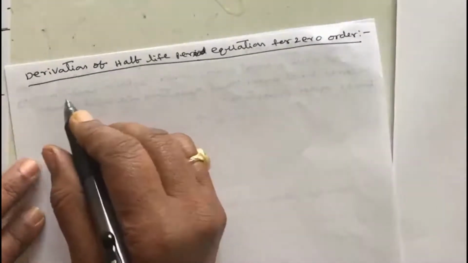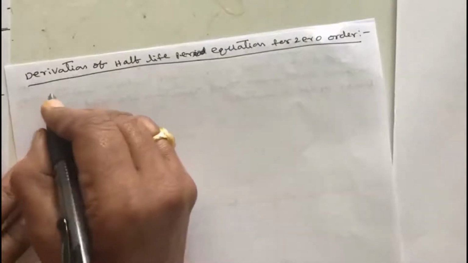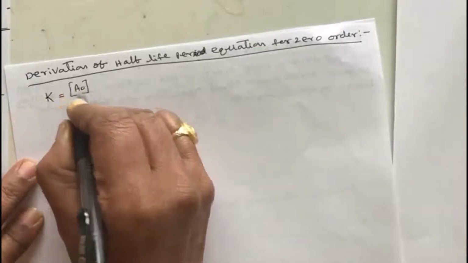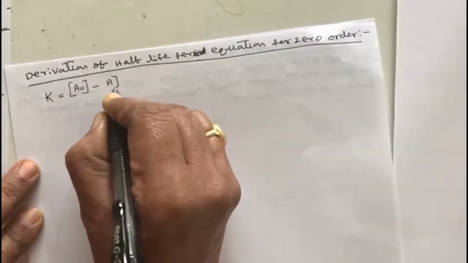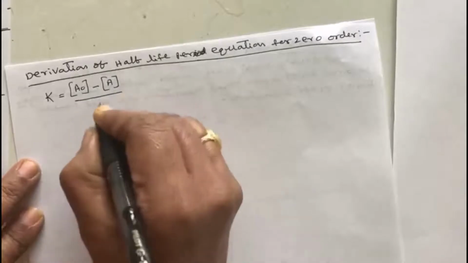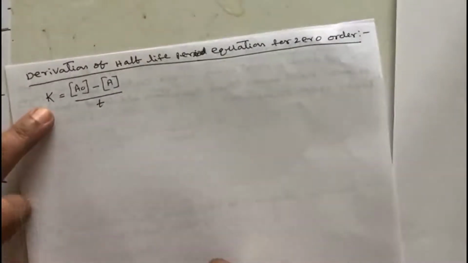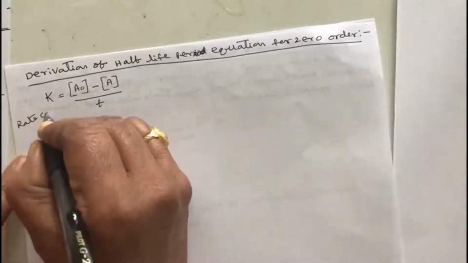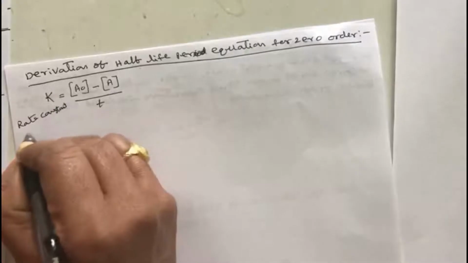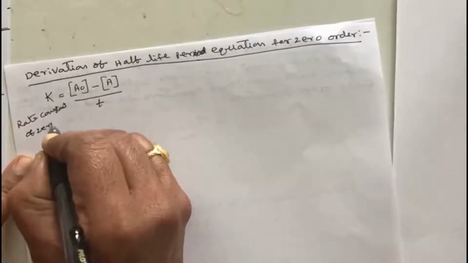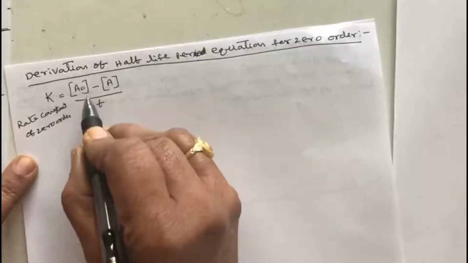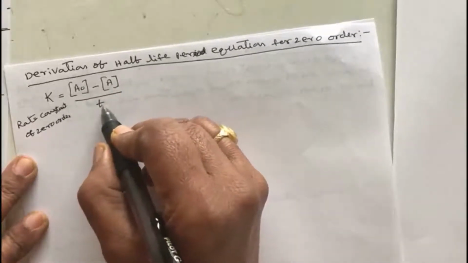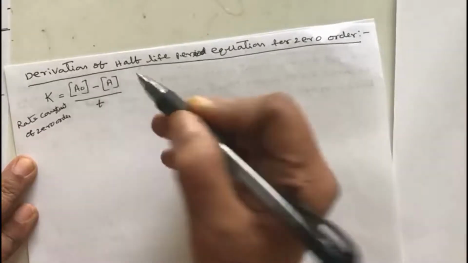We already derived the rate constant for zero order reaction, that is K equal to A0 concentration minus A concentration by T. Here K is rate constant of zero order. A0 is initial concentration of the reactant. A is after T seconds the concentration of the reactant.